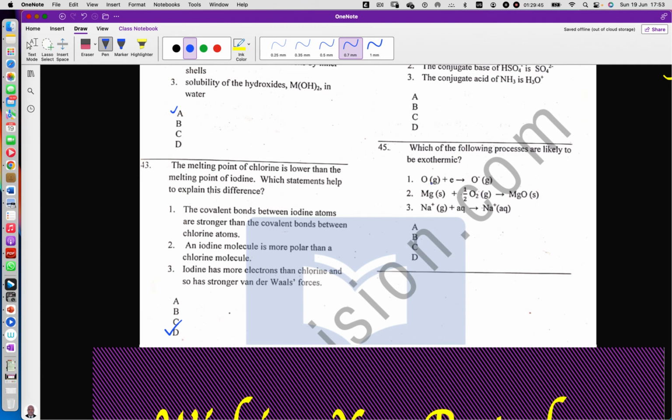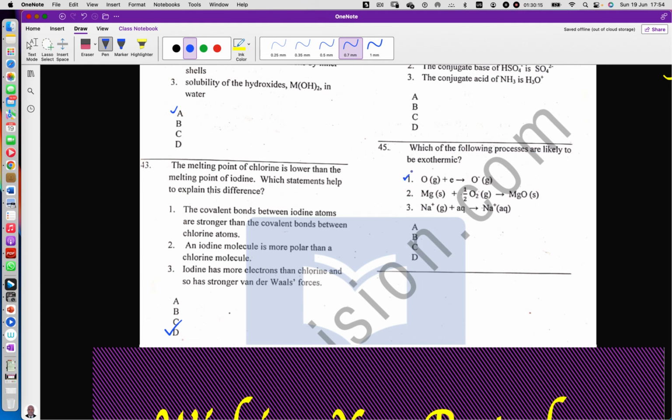The first electron affinity is exothermic. It is the second electron affinity that is endothermic, because more heat is needed to add the second electron to the first. So the first one is exothermic, good.